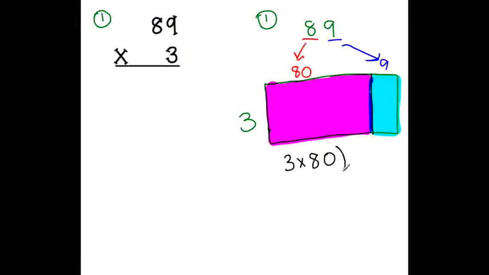We're going to practice really putting our parentheses in there to show that this is a group that should be together. Okay, this is a group that is together. And then, what is the multiplication problem for the blue one? Should be 3 times 9. Again, don't forget your parentheses.